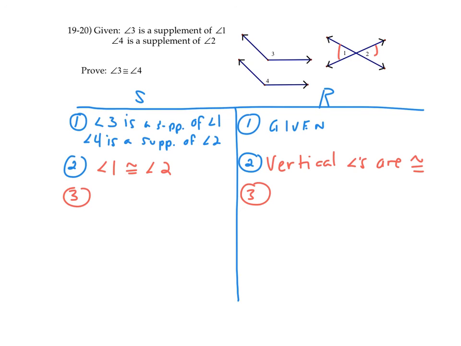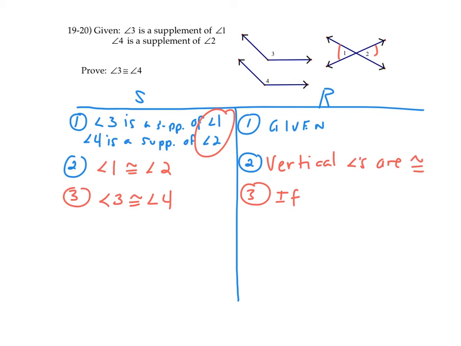Okay, we're ready to make our final conclusion. All right, if 3 is a supplement of 1 and 4 is the supplement of 2 and 1 and 2 are congruent, then that means that angle 3 has to be congruent to angle 4. So we don't have any equations. We don't have to change back and forth between equations and congruence and vice versa. I'm going to say simply the theorem from section 2-6.